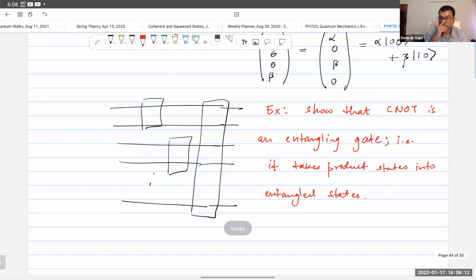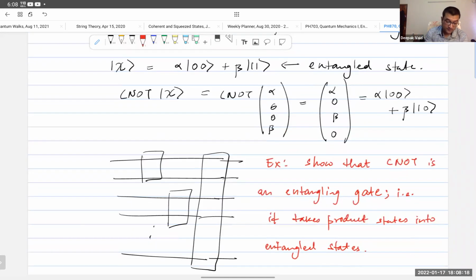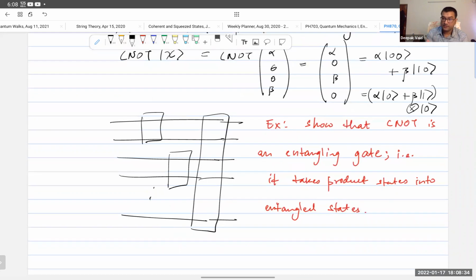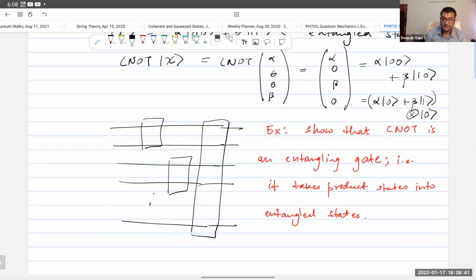So you can also call it a disentangling gate if you wanted to, because it takes an entangled state and converts it to a product state. This is a product state over here. This I can write as alpha 0 plus beta 1 tensor 0. Okay, so I'm kind of showing you the answer, but I want you to sit down and work this out yourself. Okay, questions?